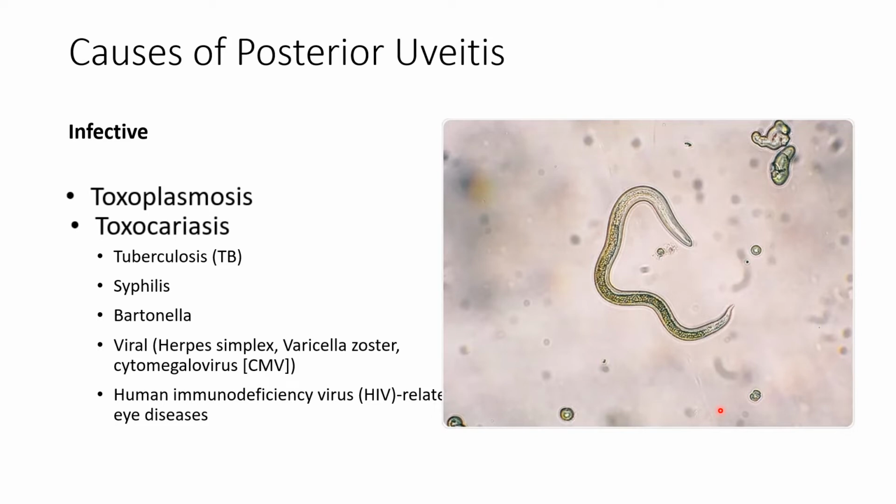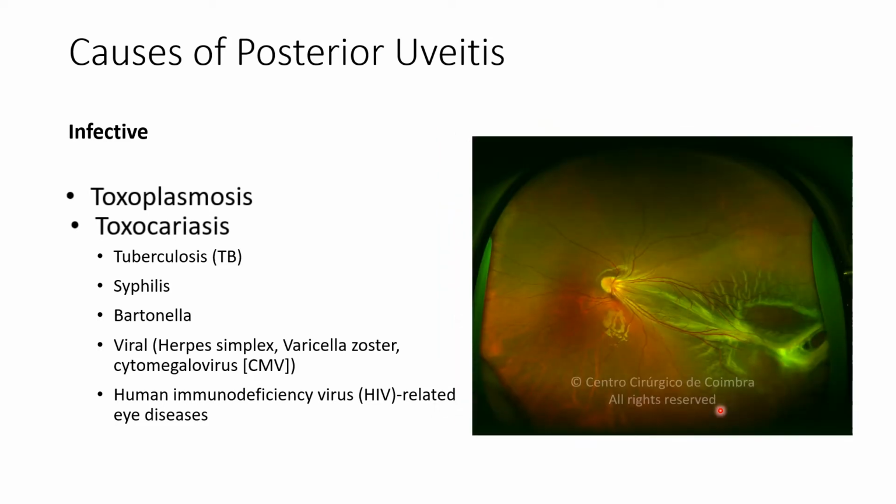And this is one of the patients in which you can see a wide angle photograph of the fundus. This is the optic disc, and there's a peripheral granuloma which has reached a stage of scarring, and the initial inflammation has vanished.